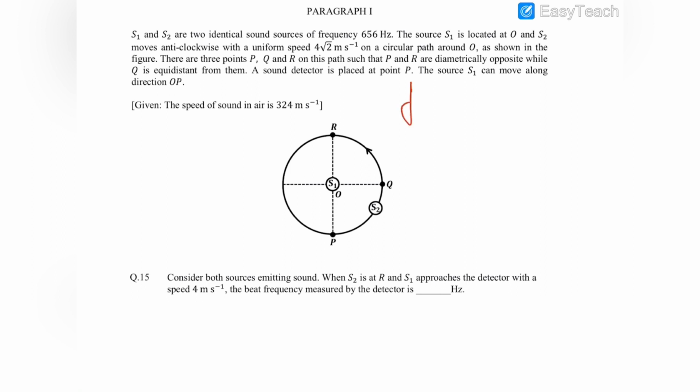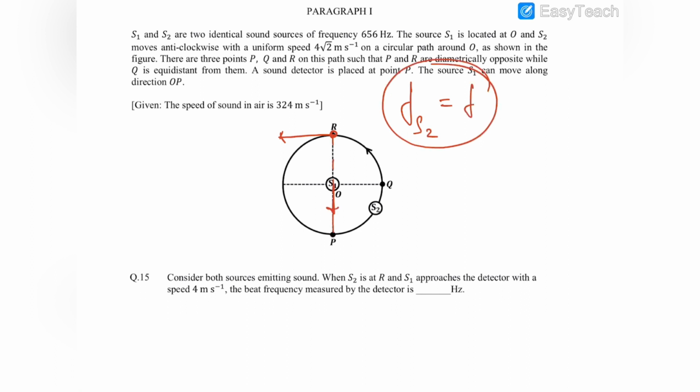So the frequency registered by the detector due to the sound emitted by the source S2, let us write it down as Fs2. S2 is at this point and it is going like that. So there is no relative motion of S2 and the detector, therefore the frequency observed by the detector would be the true frequency.